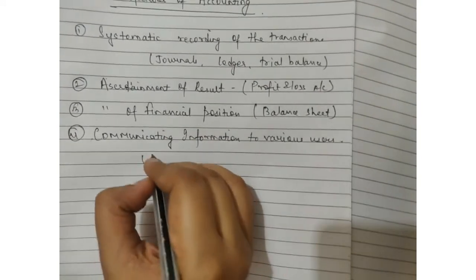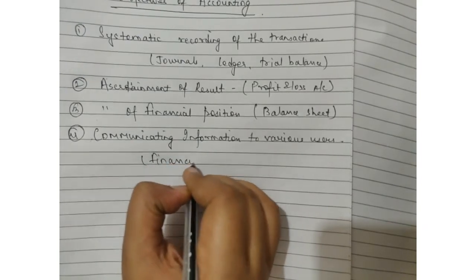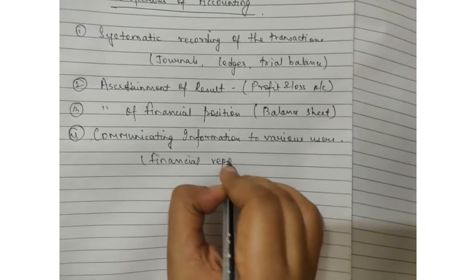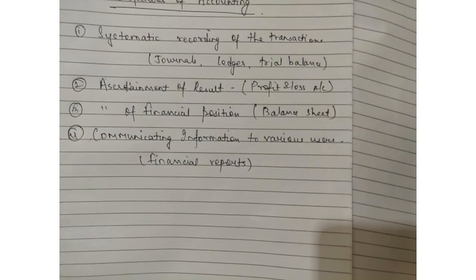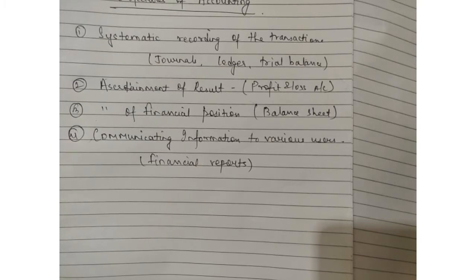This is done by way of financial reports, which every company publishes at the year end. So first, we record the transactions. Then, during the closure of the year, we ascertain what is the profit and loss of the company and how much asset and how much liability the company has. Then, all this information is communicated to the various users through financial reports and such other reports.